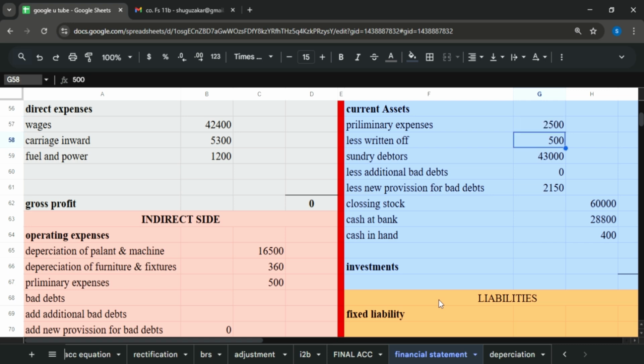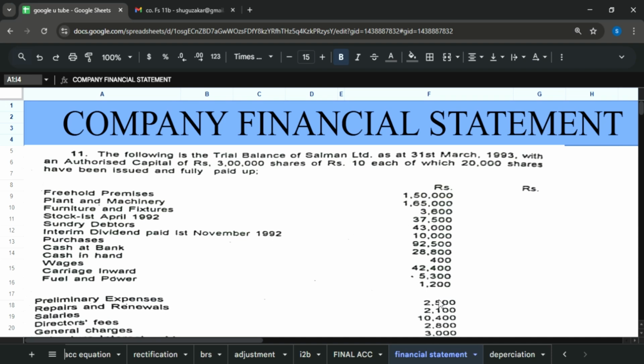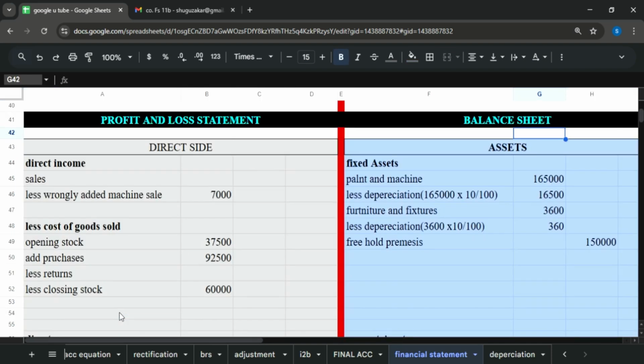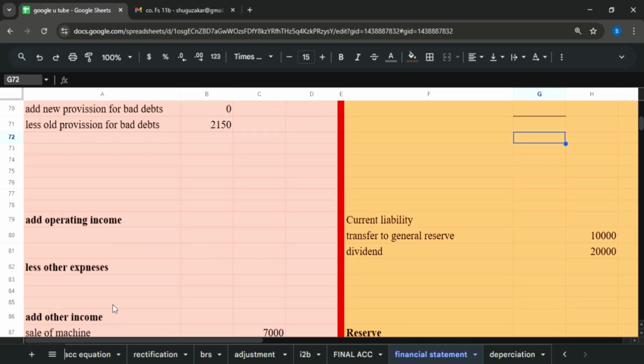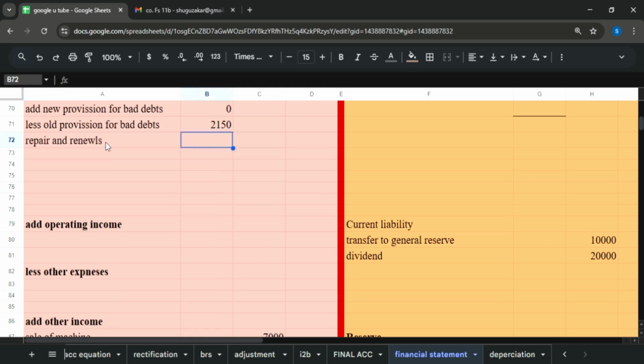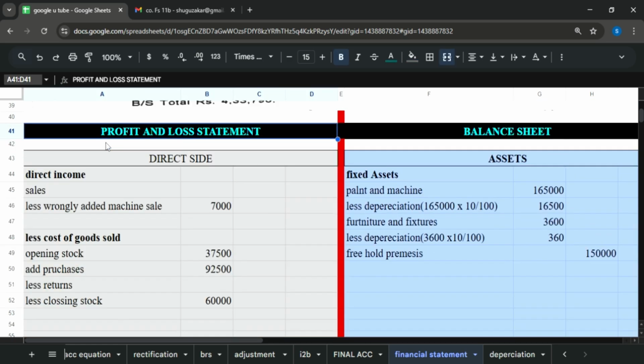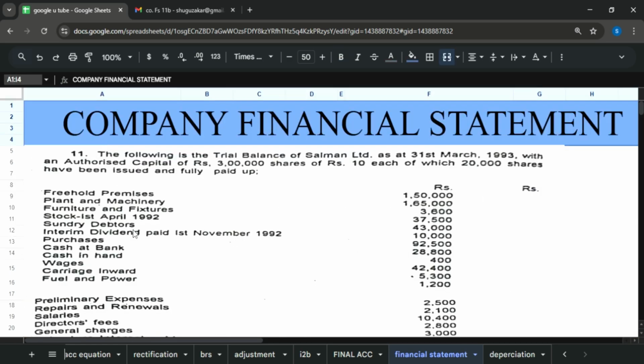Repairs and renewals are the next target, so we'll go to the operating expense side, repair and renewals. So let's see how much the amount of repair and renewal is. Okay, W and then A. 2,100 is the amount.